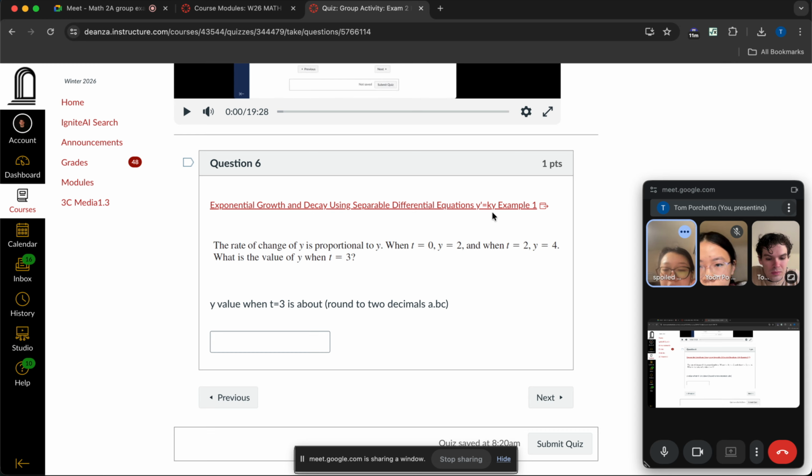When t is equal to 3, y would be 2e to the 3 times k. After we plug it in the calculator, we will get 5.656, I think. If we round it to two decimal places, it's going to be 5.66.